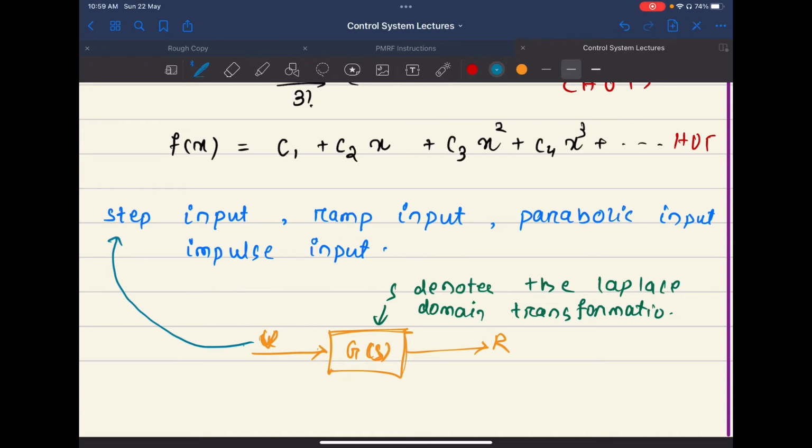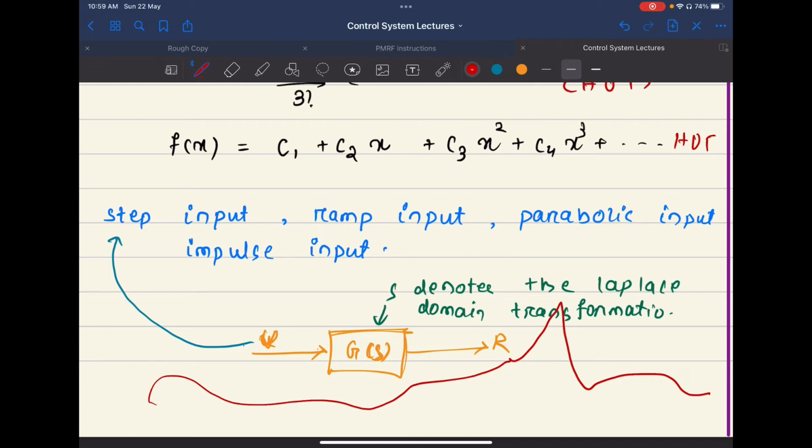So you may wonder, if I'm working with a system, any input can come. Why will it be only a step input or ramp input or parabolic input or impulse input? My input can be in this form as well, something like this, and suddenly jumping like this as well, right?